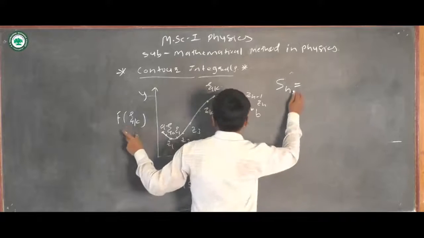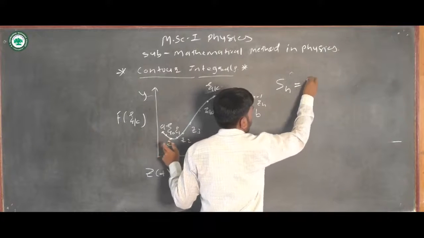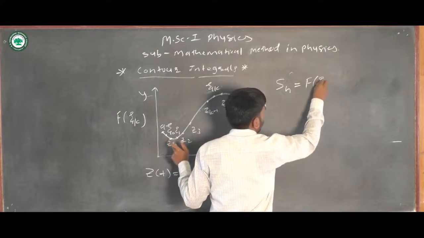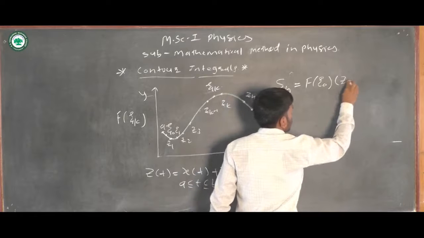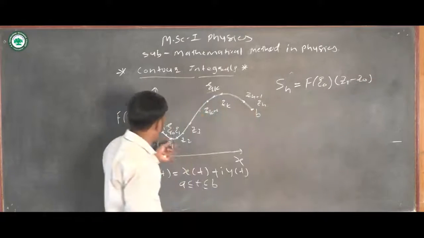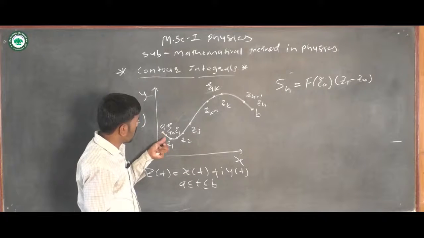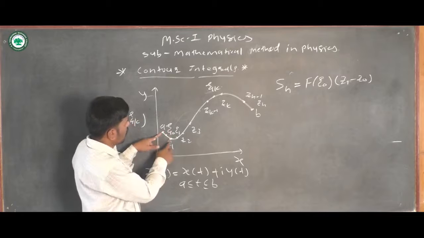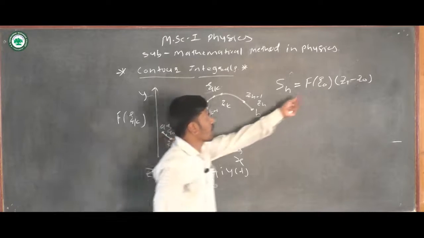So for the first interval, I write f of psi naught times z1 minus z0. Okay, between these two there is one arbitrary point, that is psi naught.